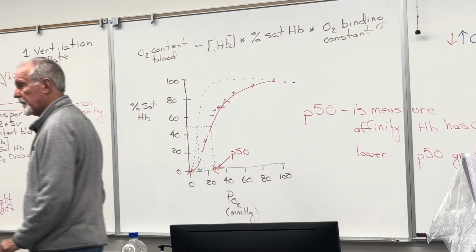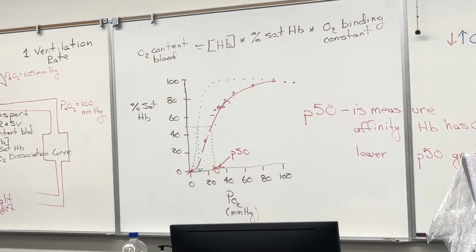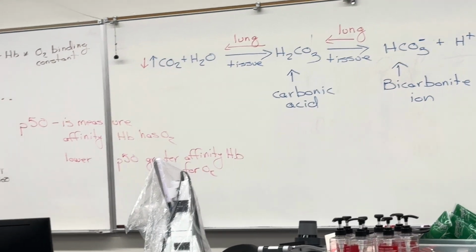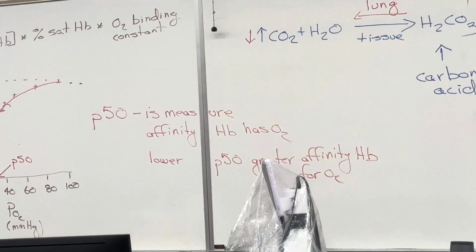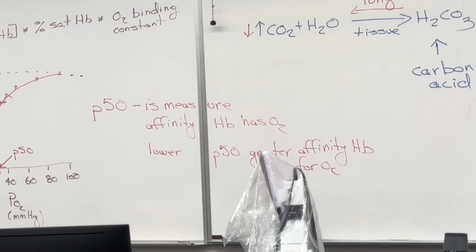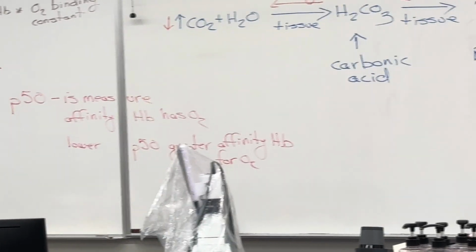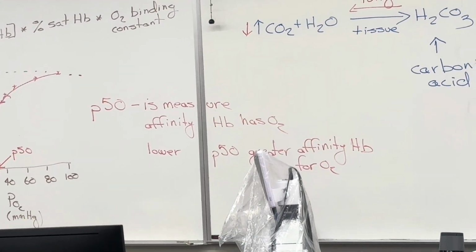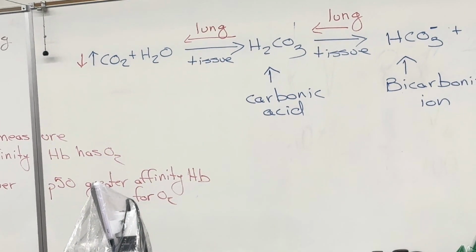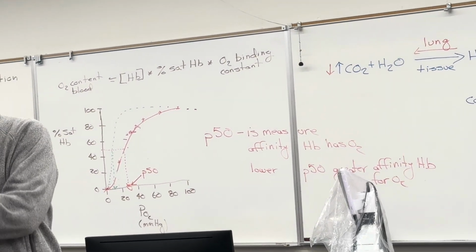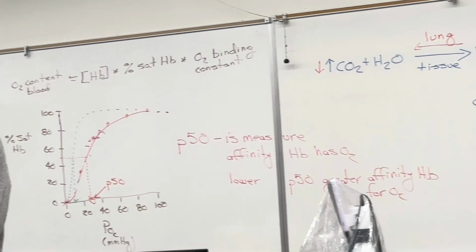Well, there's a fair amount of stuff in this 5-step model. Question? Does exercise shift the curve? So his question is, does exercise shift the curve? Acutely it would, because exercise will cause a shift to the right.